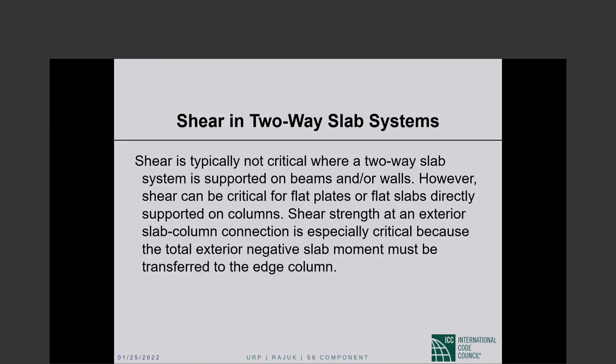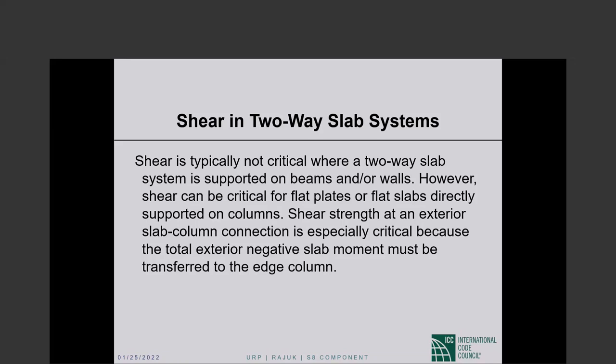Shear strength at an exterior slab column connection is especially critical because the total exterior negative slab moment must be transferred to the edge column. This we have discussed. So at the exterior support section, even when there are no lateral loads, the slab moment at the exterior support section has to be transferred to the column.